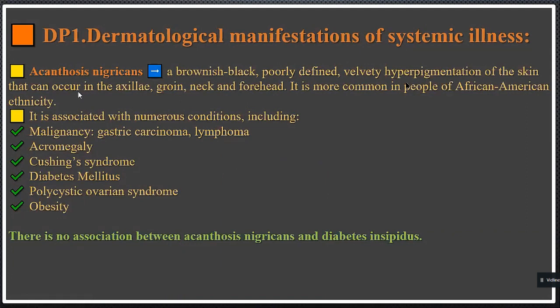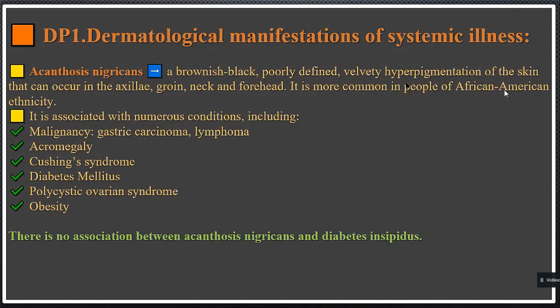So if you find acanthosis nigricans, if they mention it in the scenario or show you an image, you have to put the differential diagnosis in your mind. It's a brownish black, poorly defined hyperpigmentation of the skin in the axilla, maybe groin, maybe neck, maybe forehead.